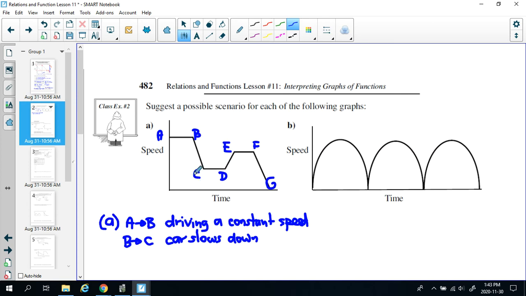From C to D, again, our speed isn't changing, but it's lower on the y-axis. So would we be driving at a constant speed? Would we be driving at a slower constant speed? So I can say driving at slower constant speed.